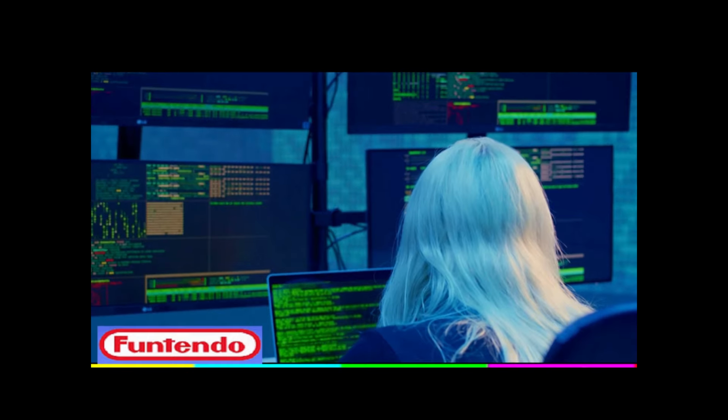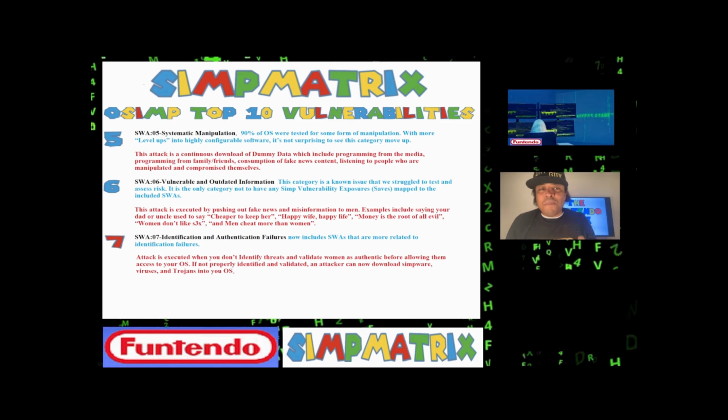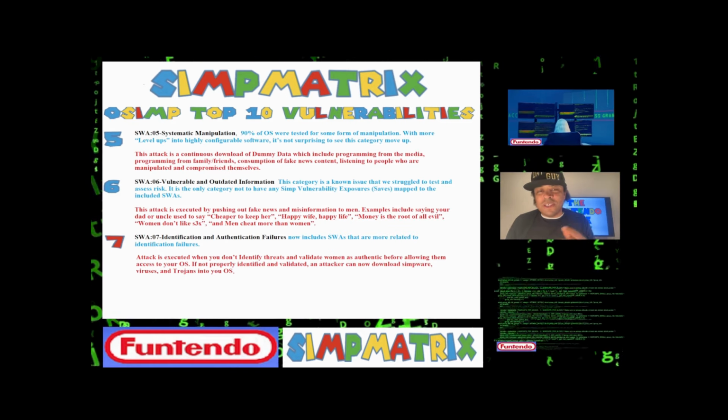They're hitting you with all types of attacks and simp information manipulation protocols that are compromising your operating system. Now, a lot of you guys don't have any scanning tools that are scanning for these simp viruses, Trojans, and simp operating system vulnerabilities.